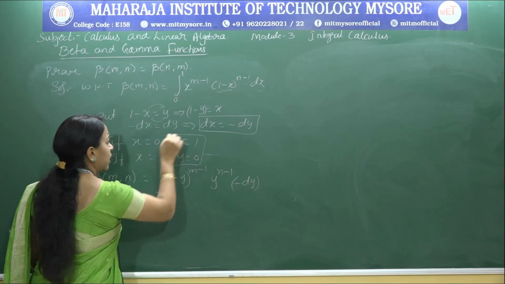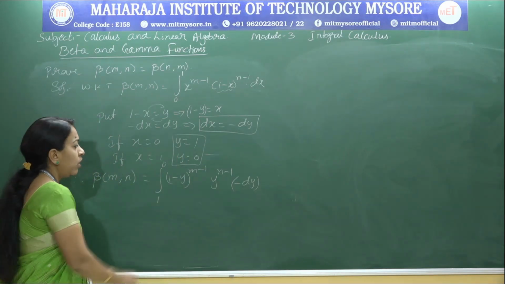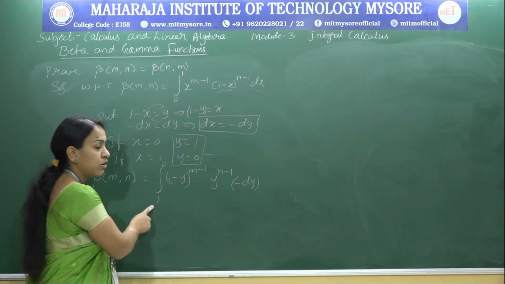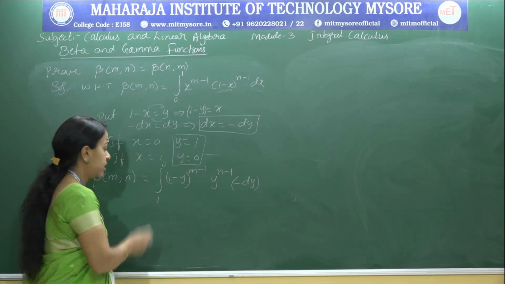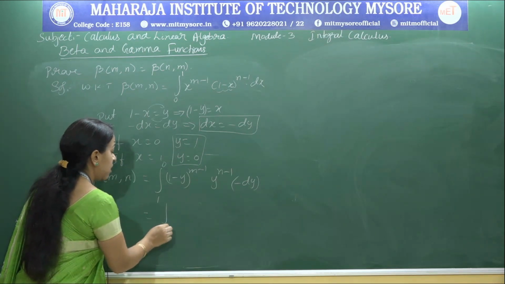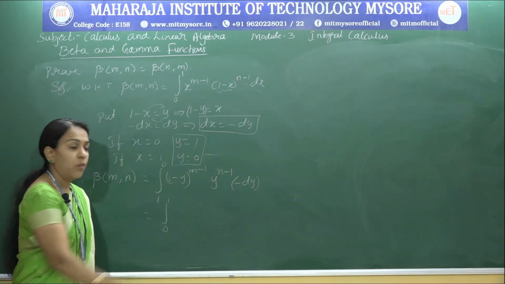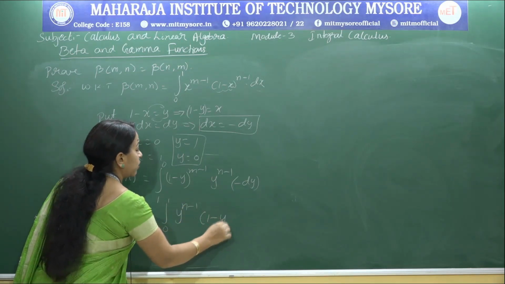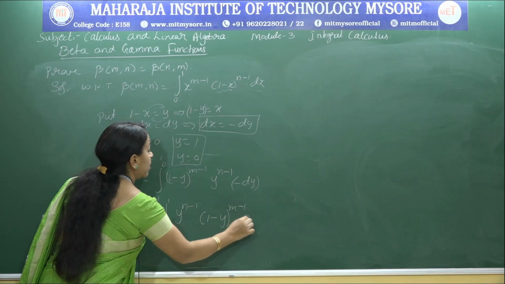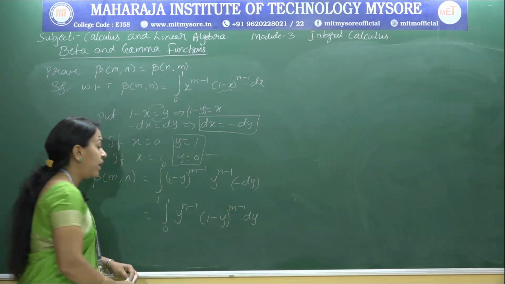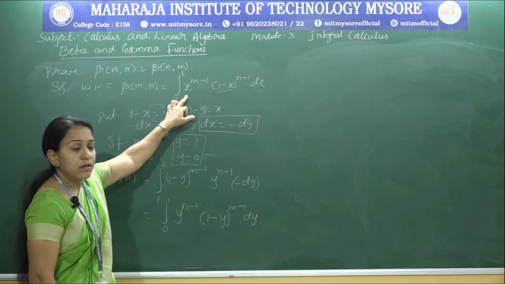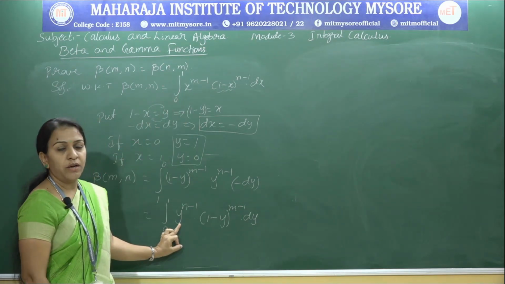The limit of y is 1 to 0, and I have a minus sign in the integral. If I interchange the limits of integration, that minus sign can be removed. That is integral 0 to 1. Now I write first y to the power of n minus 1 into 1 minus y to the power of m minus 1 dy. So compare with the standard definition. Wherever we have x, here in this place we have y.